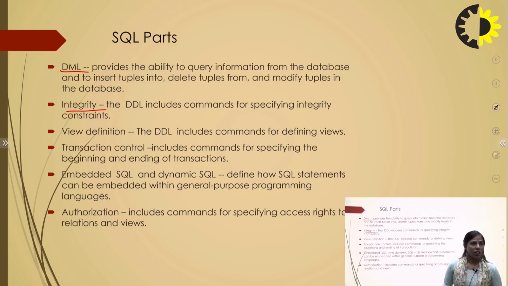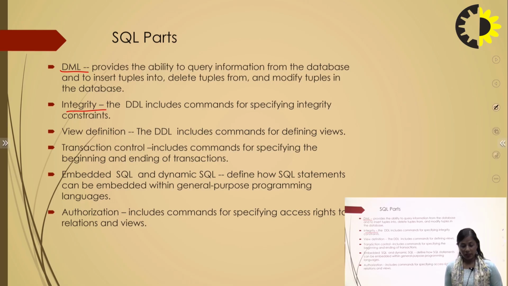Then we have transaction control, which includes the commands for specifying the beginning and the ending of a transaction. So these are the various transaction control commands in a database. Then we have two things, the embedded SQL and the dynamic SQL. Embedded is already embedded into the particular database system. Dynamically, we can change the statements for general purpose programming languages.